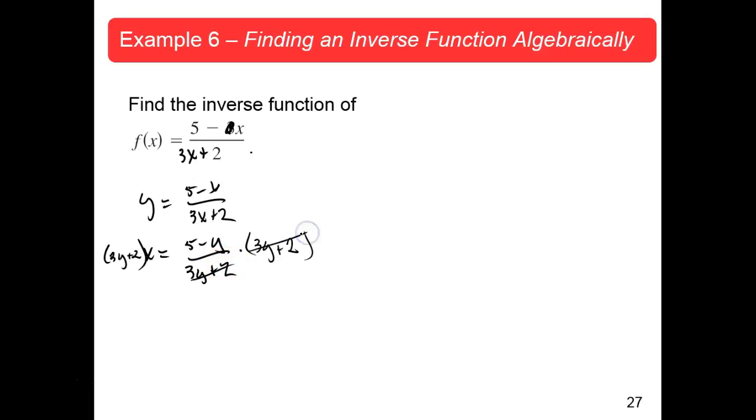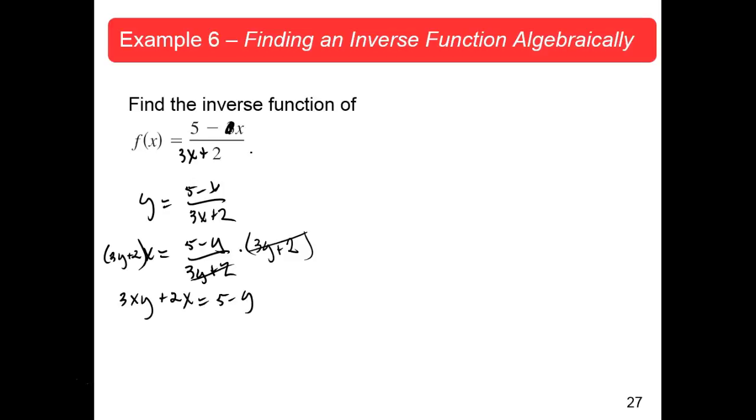So these go away there, and that leaves us with, if you can read my writing, and go on and distribute, 3xy plus 2x is equal to 5 minus y. Okay, at least we got rid of the denominator, sort of messed up the left-hand side some, but that's better than having a denominator. So what do we do next?